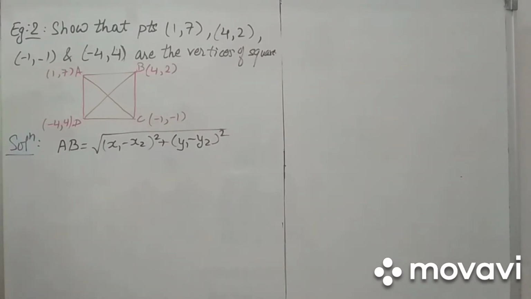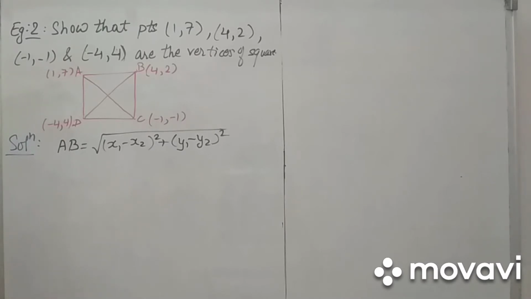Okay. And what is the property of a square? All the four sides are equal. Now this is the property of a rhombus also. So we have to add one more property: the diagonals of a square are also equal, while those of a rhombus are not equal.